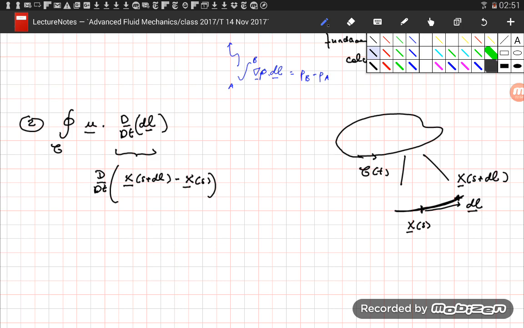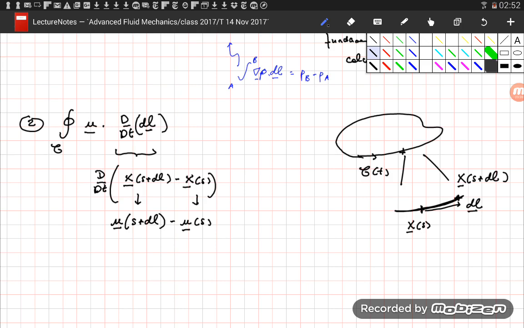If you think long about this, it's an intricate definition, but the material derivative of a point, which is following the flow, is simply the velocity. So this is the velocity vector at s plus dl, and the material derivative of x of s is the velocity at point s.